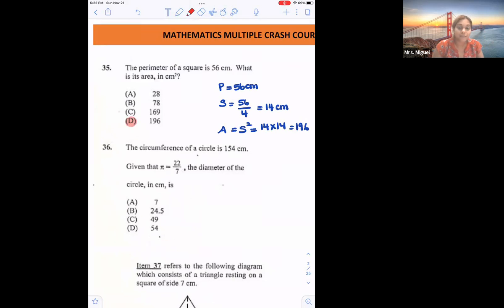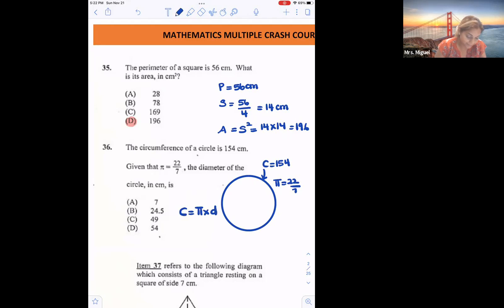The circumference of a circle is 154. Pi is 22/7. They ask you to find the diameter. So circumference is pi by diameter. So 154 divided by pi is equal to the diameter.